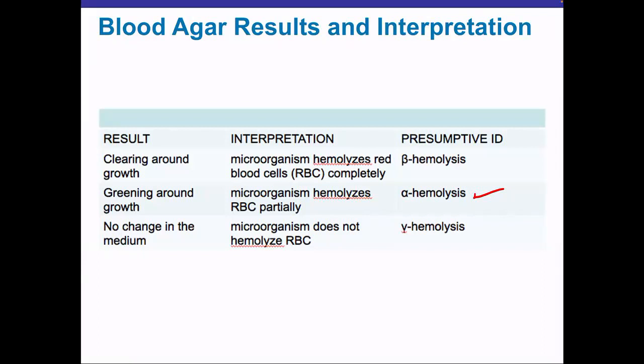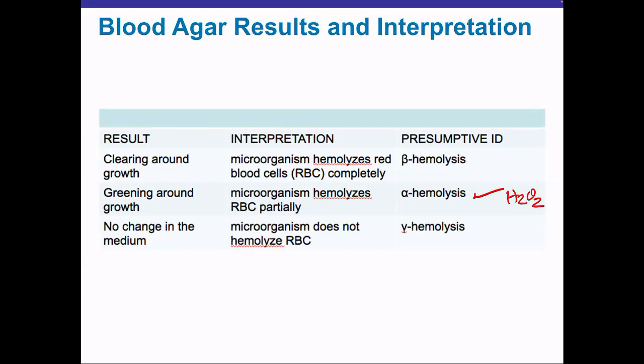Another name that is used for alpha hemolysis is incomplete hemolysis or partial hemolysis. So the alpha hemolysis is caused by hydrogen peroxide produced by the microorganism.